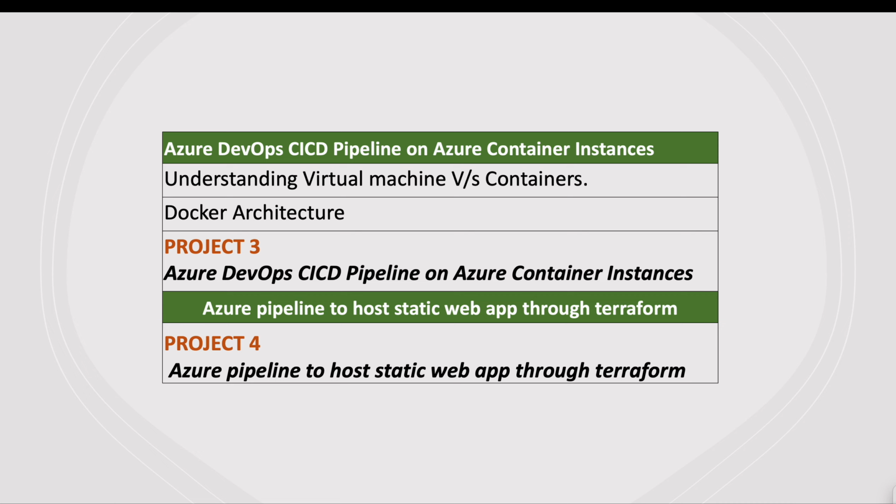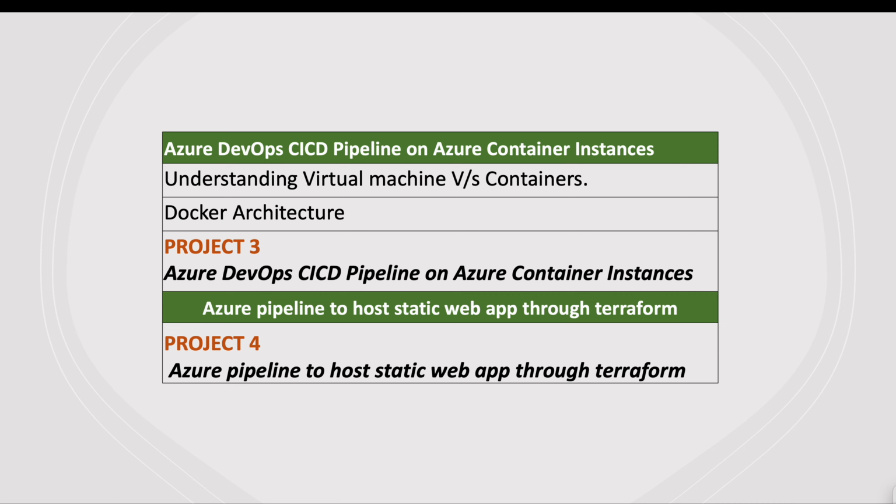And we will see another two real-time projects. One is how to create an Azure Container Instance through an Azure pipeline. Before jumping into that, we will cover what is a container, what is the architecture of Docker, and how to write the Dockerfile.